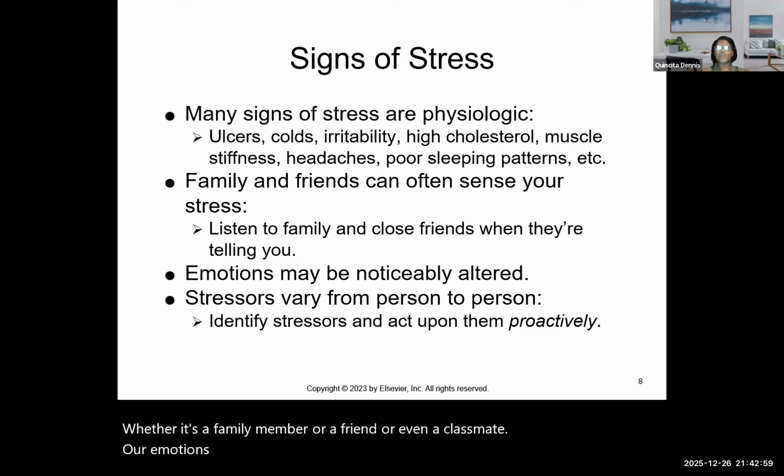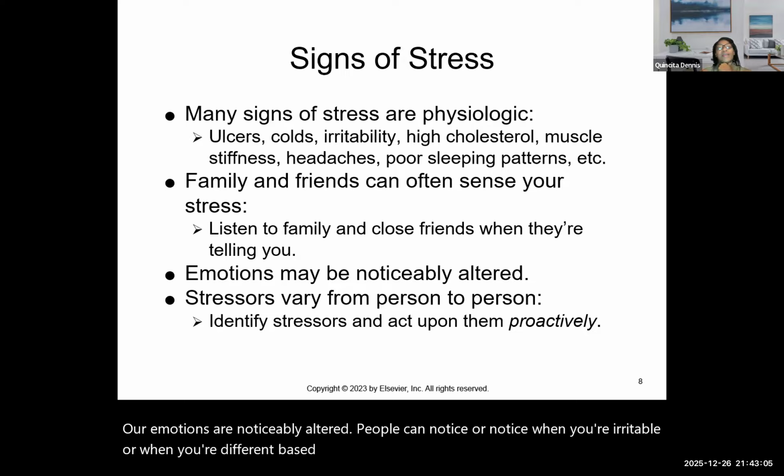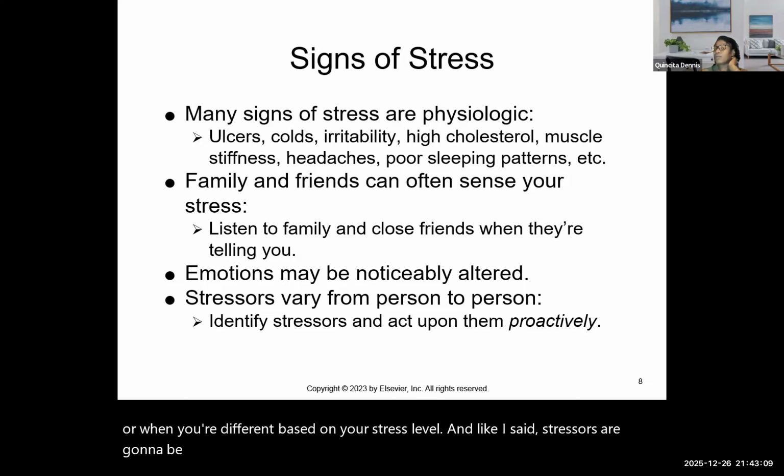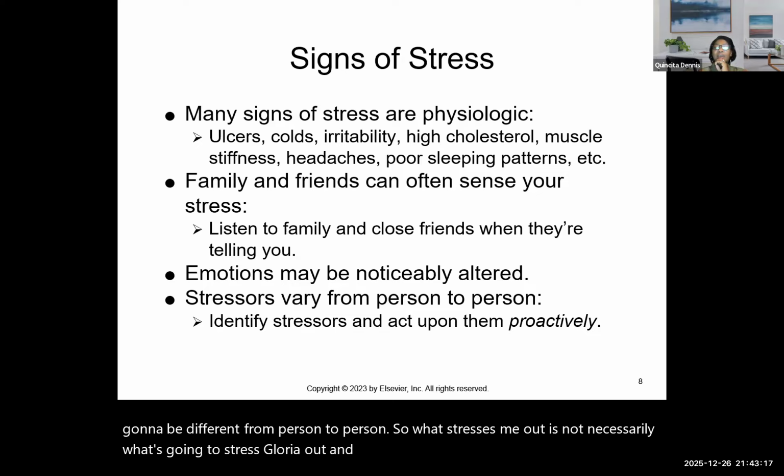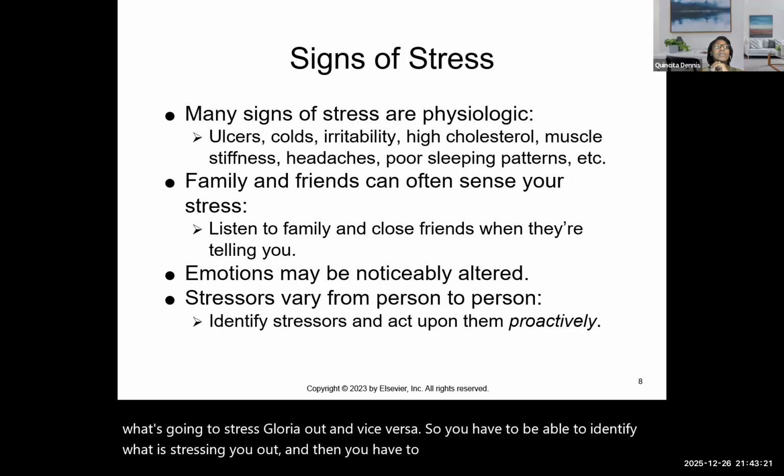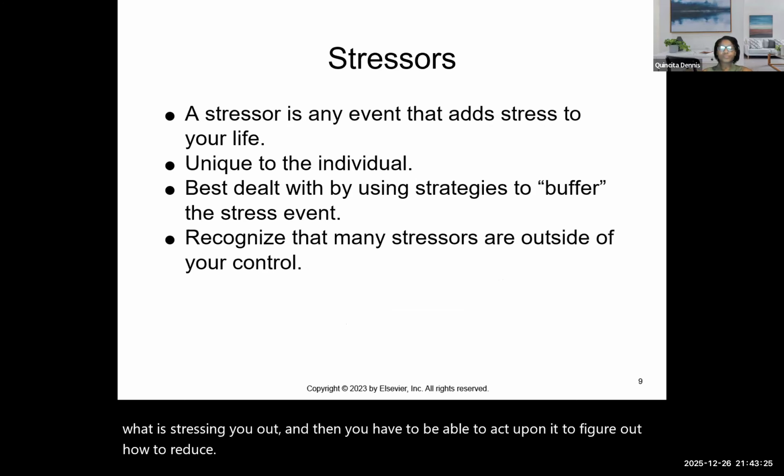People can notice when you're irritable or when you're different, based on your stress level. And like I said, stressors are going to be different from person to person. So what stresses me out is not necessarily what's going to stress Gloria out, and vice versa. So you have to be able to identify what is stressing you out, and then you have to be able to act upon it to figure out how to reduce whatever that stress is.